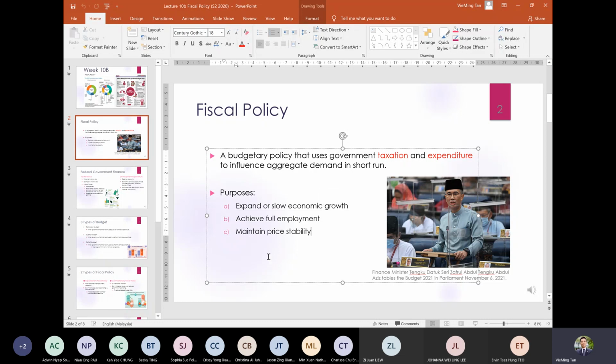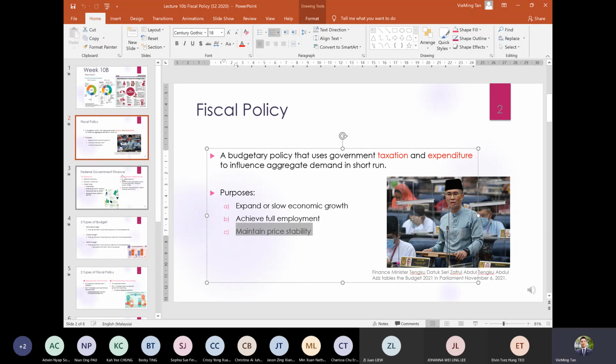It can also help to monitor the price level of the products and maintain price stability, and lastly help to control the inflation rate. Because once the price level of the goods and services produced by the country is stabilized, this can also help to monitor the inflation rate in order to solve all the three macroeconomic issues.